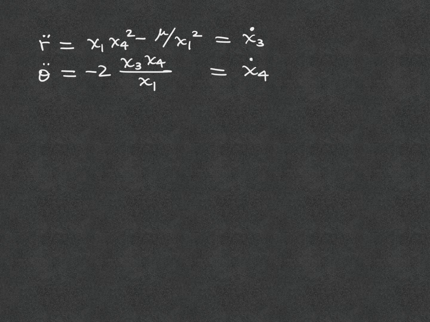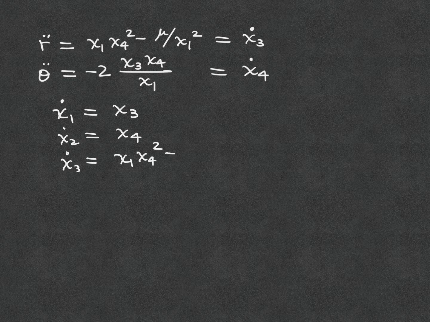I can go back and combine all these equations. I get x1 dot is equal to x3. x2 dot is equal to x4. x3 dot is equal to x1 x4 squared minus mu over x1 squared.